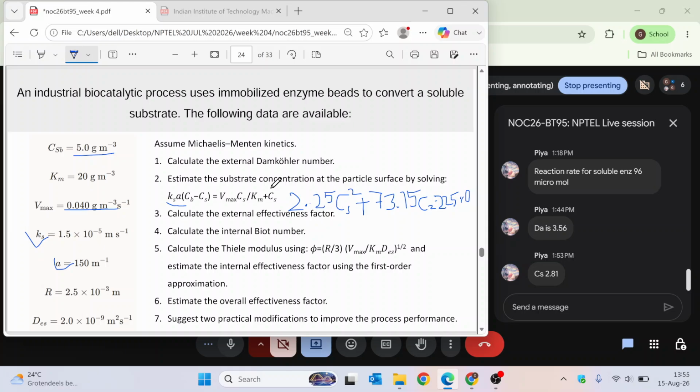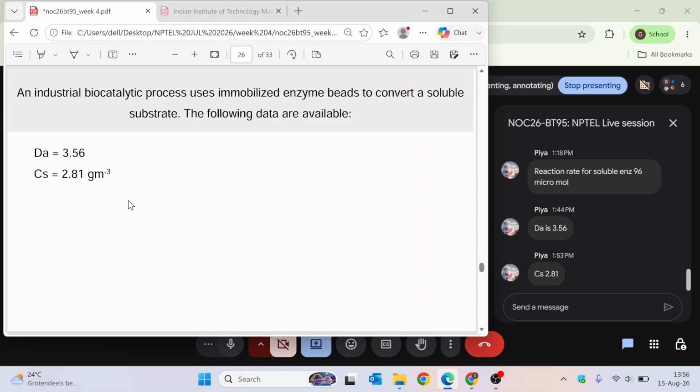The only remaining factor is Cs, and I just expanded the entire equation such that I end up with a quadratic equation with Cs. And finally, this is the quadratic equation. And when you solve for this quadratic equation, you end up with your Cs value as 2.81. Cs is 2.81 gram per meter cube.